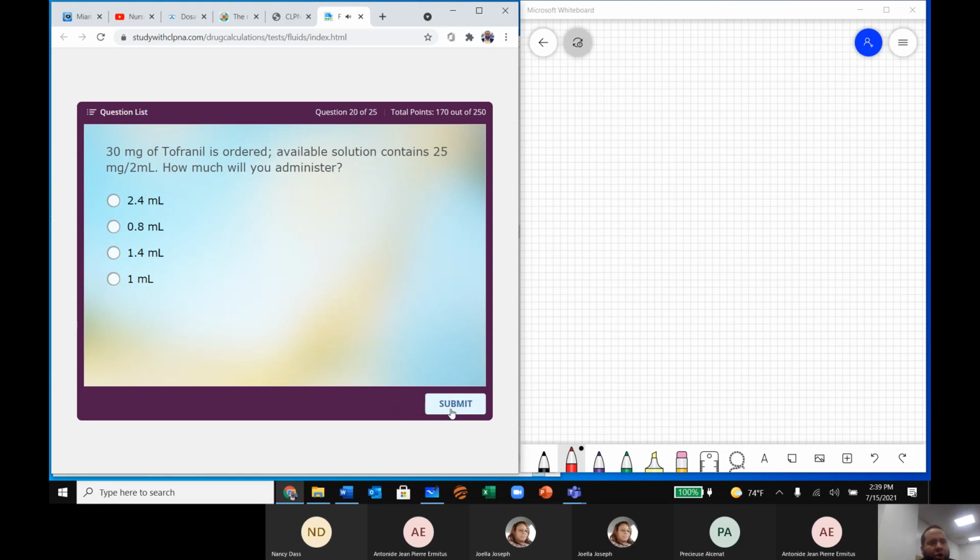30 milligrams of Tofranil is ordered. The available solution contains 25 milligrams in 2 ml.